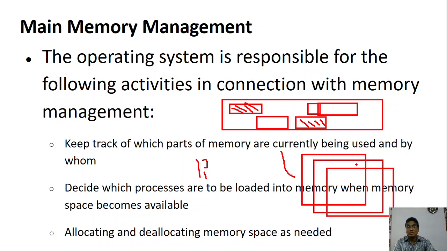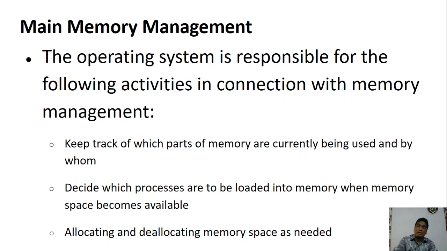All these tabs require memory. The operating system gave you this much memory, and when you start the next tab, your program says I want some extra memory. After that again it says I want some extra memory. Who is going to allocate it, or once you close the tab, deallocate it? All these things are taken care of by the main memory management.